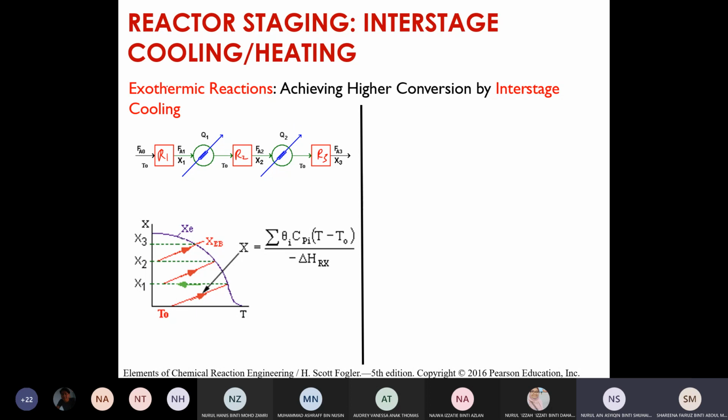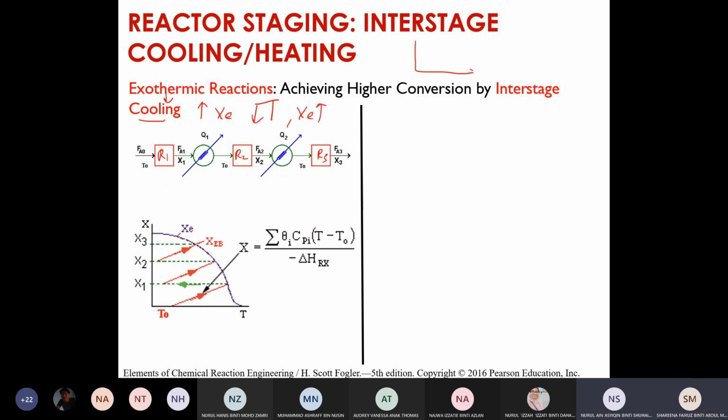For exothermic reactions we use cooling in order to get a high XE, because a low temperature will cause a high XE.